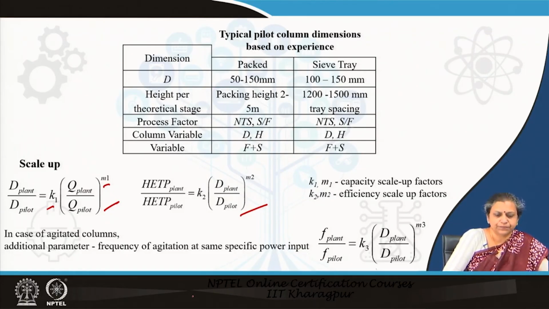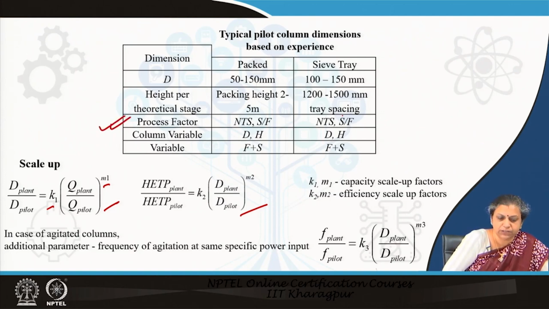optimize the operation. In this particular table, if you see, just for the packed and sieve, because we are going to deal with these two, I have put down the typical dimensions of a pilot plant. These dimensions have been decided based on experience gathered in different industries which use extractors for different purposes.